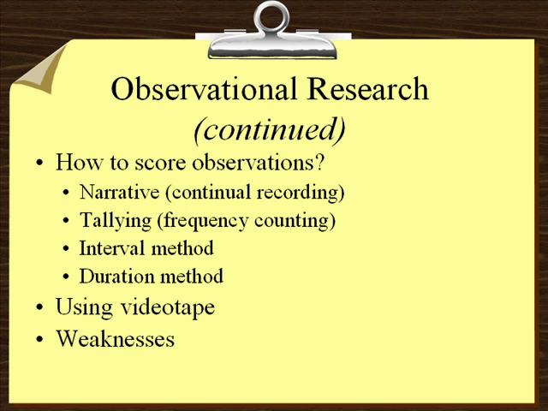So if we're looking for sarcasm, when a teacher is being sarcastic, the observer records how long the teacher is being sarcastic. They're looking for particular behaviors, and they just record. They have a stopwatch and record how long the particular subject has that behavior.